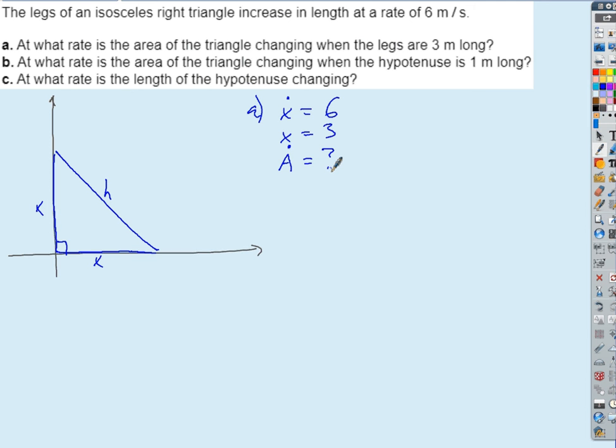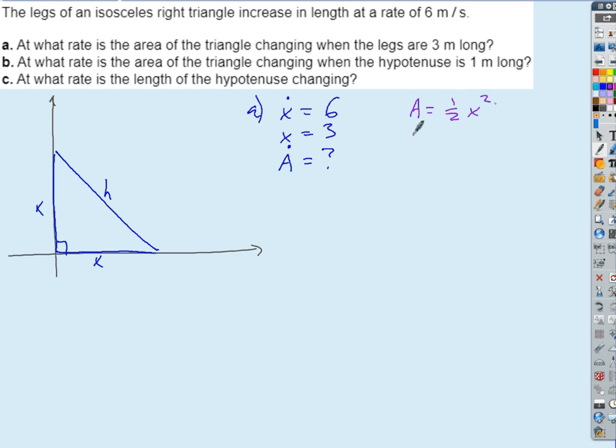Parent equation. Okay, so what is our parent equation? Okay, 1/2 x squared is A. Good. So 1/2 x squared, 1/2 base times height. So area equals 1/2 x squared. There's our parent equation. What am I going to do? Differentiate with respect to time.